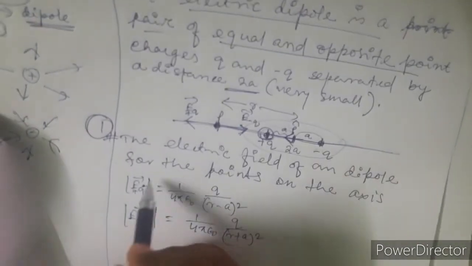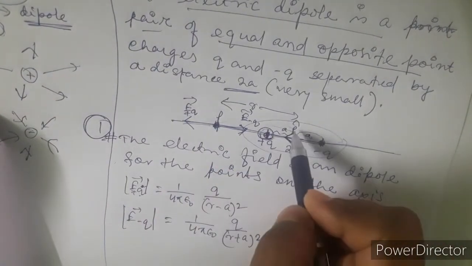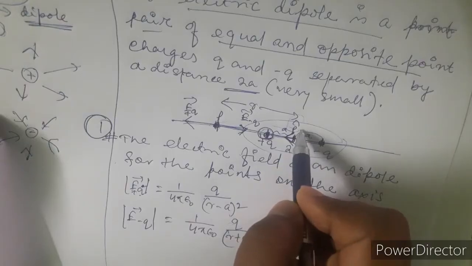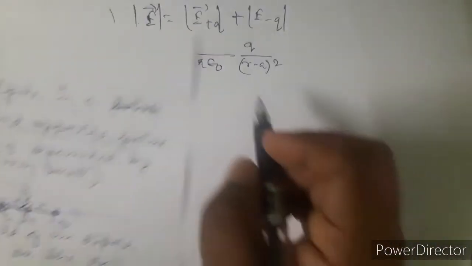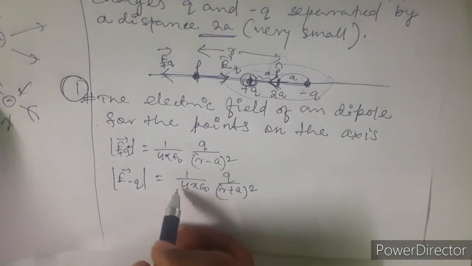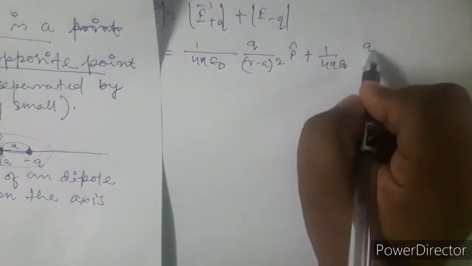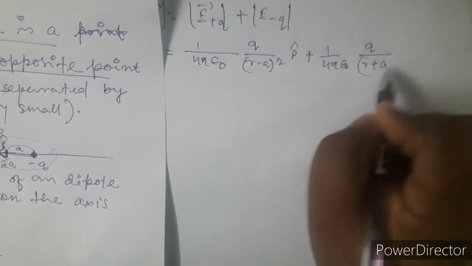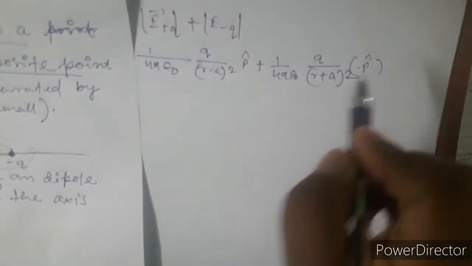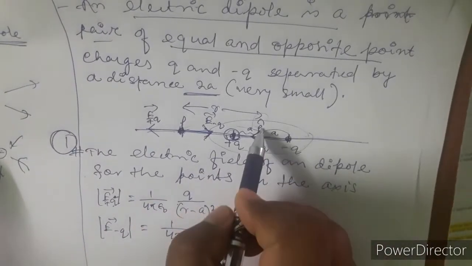As I told you, for plus q the direction is the same as p cap, the dipole moment vector, so I'll write this as p cap. For E minus q, it will be 1 by 4 pi epsilon naught, q by r plus a whole square, and the direction is minus p cap, because as I told you, E minus q direction is opposite to p cap.